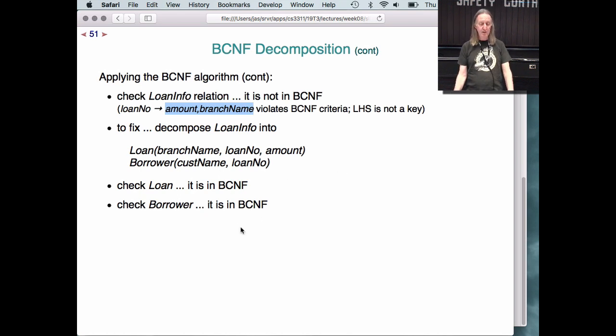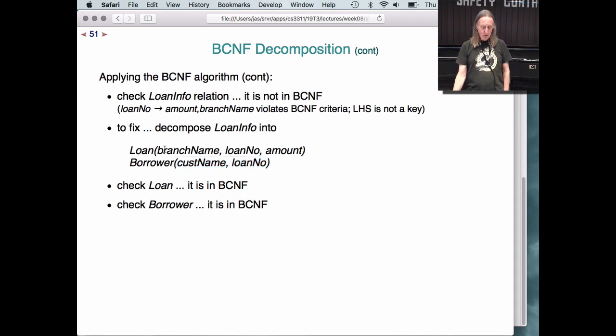If we look at these two tables, I should have worked out what the key was. In fact, there's no functional dependency that's relevant for that table, so it's in BCNF by default. You can't find a functional dependency that violates BCNF for this table, and in any case it's a two attribute table.